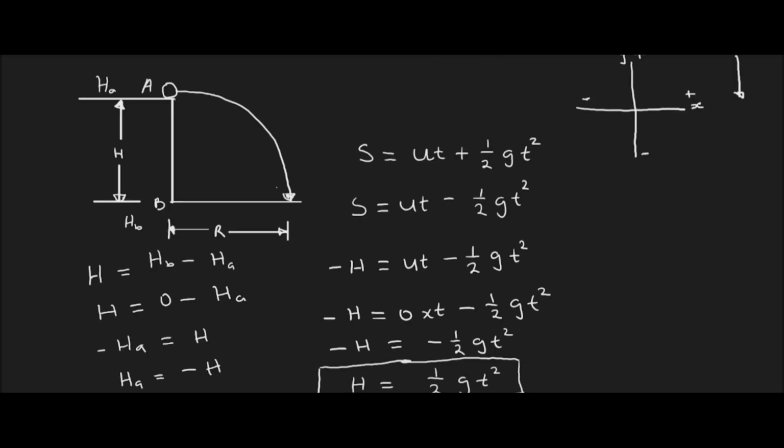Now the next thing that we want to calculate is the horizontal distance traveled by the object from this point B to this point. In a projectile, the horizontal velocity does not change. That means the horizontal velocity at this point is the same thing as the horizontal velocity that they use to project the object at this point.